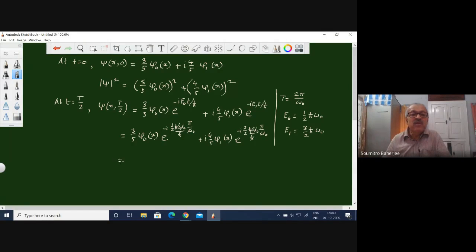So what you effectively get is 3 by 5 psi naught e to the power minus i pi by 2, plus i 4 by 5 psi 1 x, this is e to the power minus 3 pi by 2 i.